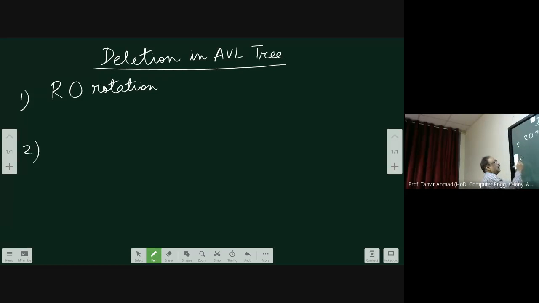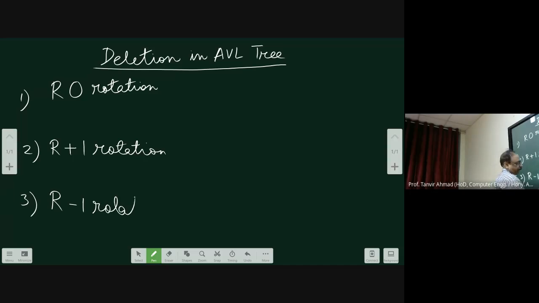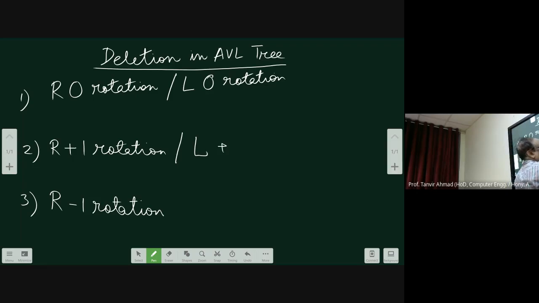then there is the R plus 1 rotation, and there is the R minus 1 rotation. There are three rotations: R0, R plus 1, and R minus 1. And with this, there are also the mirror images L0, L plus 1, and L minus 1.